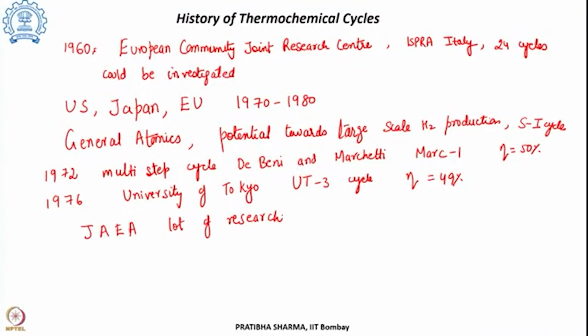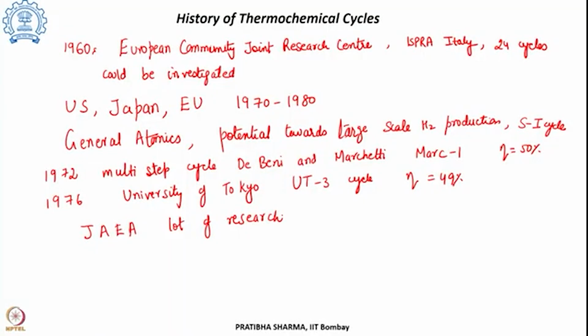However, certain institutions in Japan kept on doing a lot of activities on thermochemical cycles. And in the earlier time, the integration of these cycles for getting the required heat was considered with nuclear energy, but later, with certain nuclear accidents, the interest shifted towards getting that energy from solar.